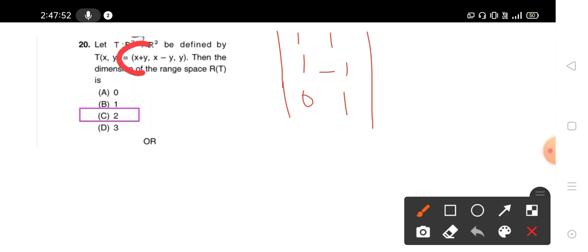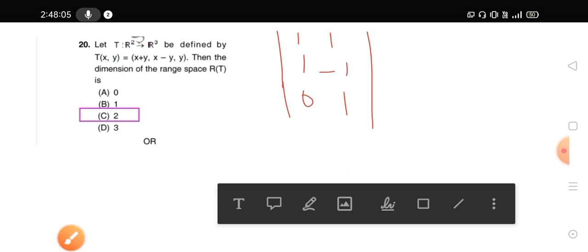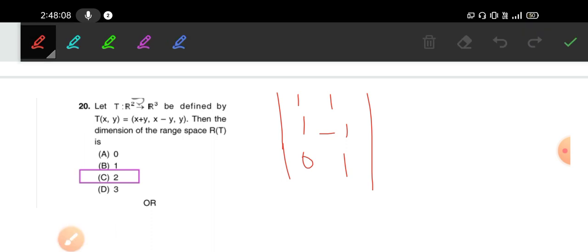Then find the dimension of the range space of T. Find the determinant, and the determinant equal to 0, therefore the rank is less than 3.